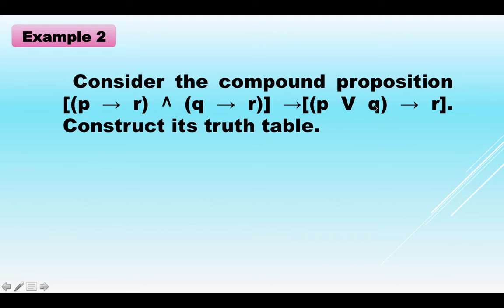P disjuncts Q implies R. So, ang pinaka last operation natin dito na gagawin ay ito, between the two square brackets. Okay, so ito muna sasagutin natin, ang open and close parenthesis ng first square brackets at ang kanyang conjunction, at ang open parenthesis ng another square brackets at ang kanyang condition sa R.